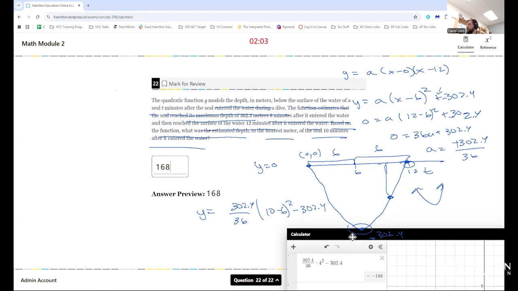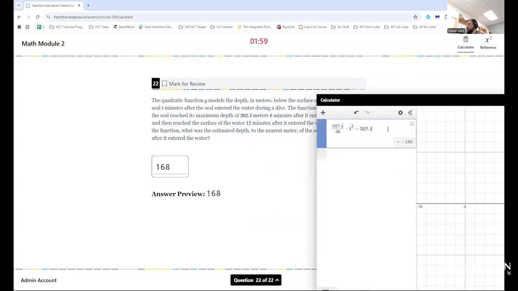All right, now instead of doing all that work, we could have set up a table. So table, and then we have the point 6 comma negative 302.4, and then we have 12 comma 0.